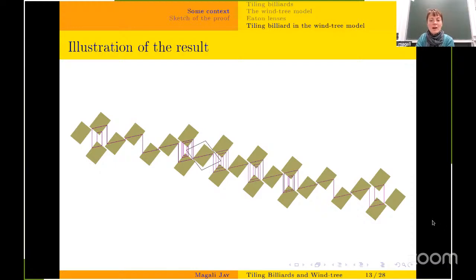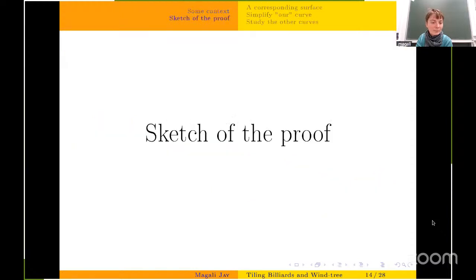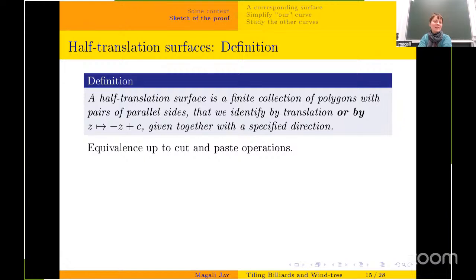Okay, so how can I show that? So to prove this theorem, I use half translation surfaces. They are a bit like translation surfaces, but the difference is that, so Elise told us that we can see translation surfaces as polygons with parallel sides glued, identified together.